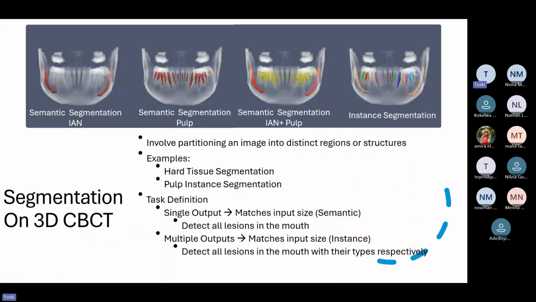Okay, so let us see one example for semantic segmentation and instance segmentation on some 3D CBCT data. For example, you have a 3D volume coming from a CBCT scanner, and you would like to find the ion or find the bulb. What is on the left? These are the voxels that belong to the ion.